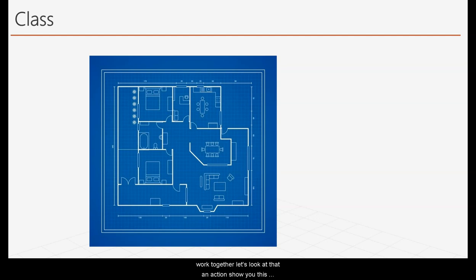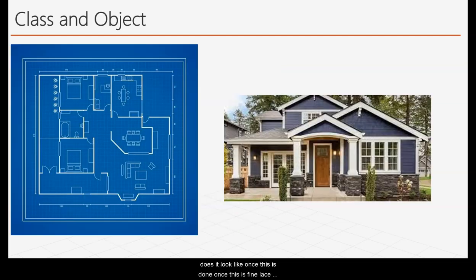This is a blueprint or a plan for a particular house. In this house, there is a 3-bedroom house. You see hall, kitchen, everything. This is what gets built first. This is just a template. Based on this template, we are going to construct houses. This template is first put together to say how that house has to be built. What does it look like? Once this is finalized, then you build a real house based on this.